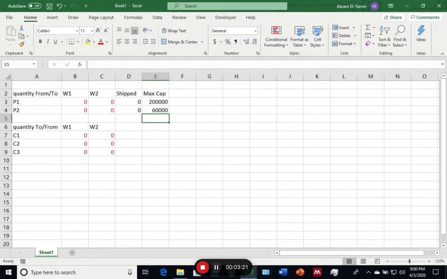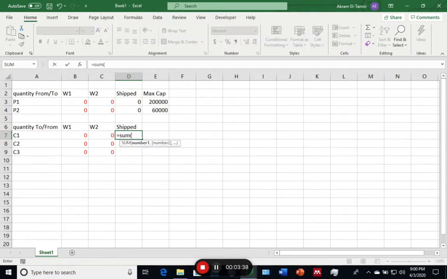The second type of constraints are the customer demand that must be met, which means what? That the shipped quantity from every warehouse, from both warehouses to the first client, in this case the sum of these two, this sum represents the total quantity shipped from both warehouse 1 and warehouse 2.